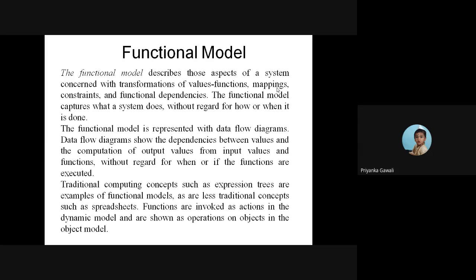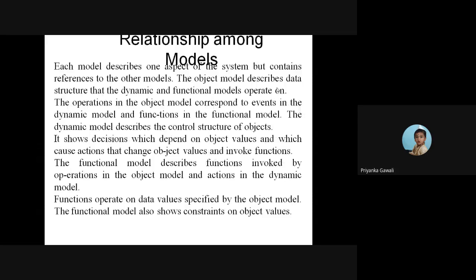Functions are invoked as actions in the dynamic model and are shown as operations on objects in the object model. Then what is the relationship between these three models? Each model describes one aspect of the system but contains references to the other models.